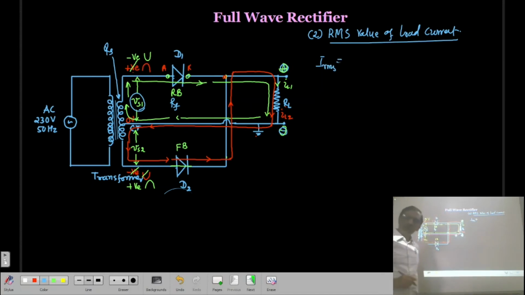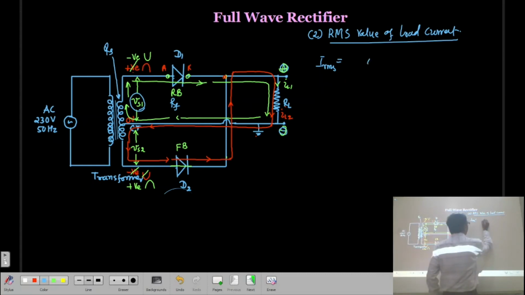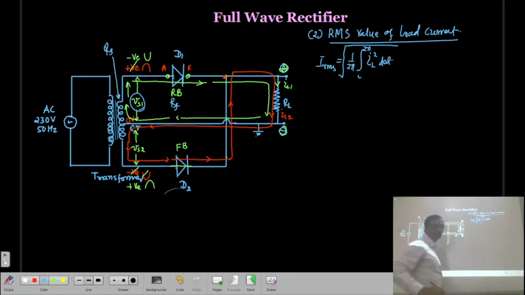So whenever you want to find out the RMS, first of all you take the square of the function, that is my IL square. Then the mean is 0 to 2 pi, divide by 2 pi, and then we take the square root.